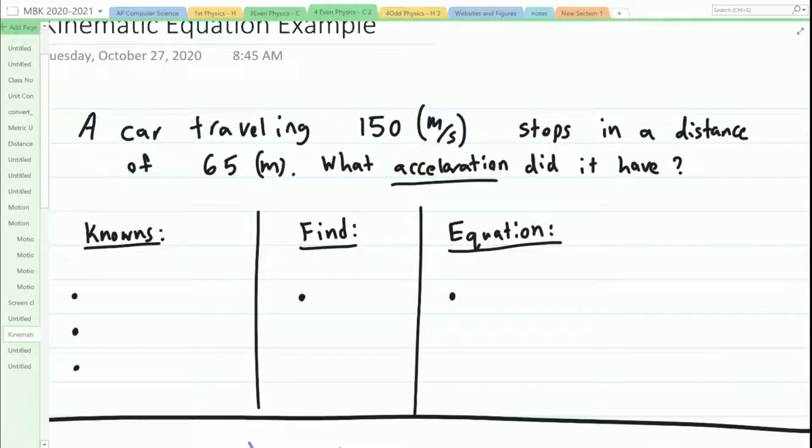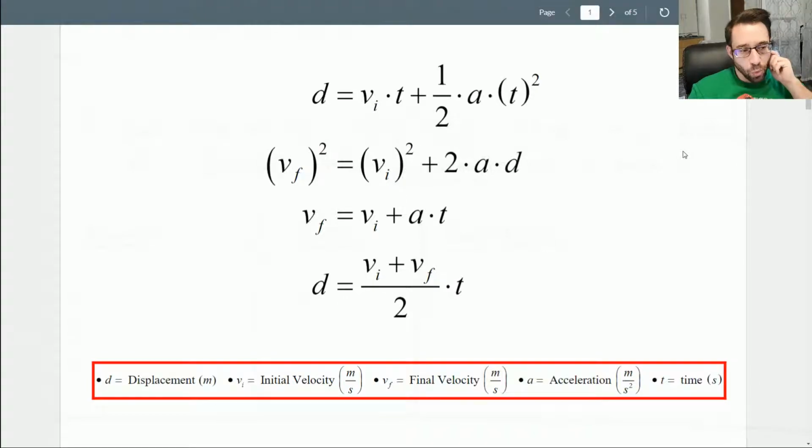According to this sheet here, which of these variables has units of meters per second? Is it displacement, initial or final velocity, acceleration, or time? It would be velocities, but in this case, it says a car is traveling 150 meters per second, so that's our initial condition, our starting condition.